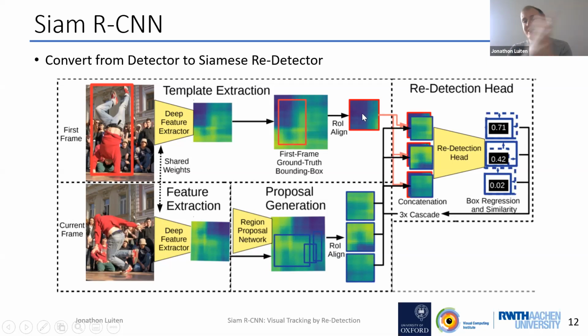So if you're doing detection or redetection in every frame, the difference is only one frame worth of computation. If you have a video that's 1,000 frames long, it's insignificantly longer, and otherwise it's exactly the same as the detection architecture. Obviously the two-stage architecture is slower than the one-stage architecture, the same as for detection, but this architecture is no slower than the detection version of it.